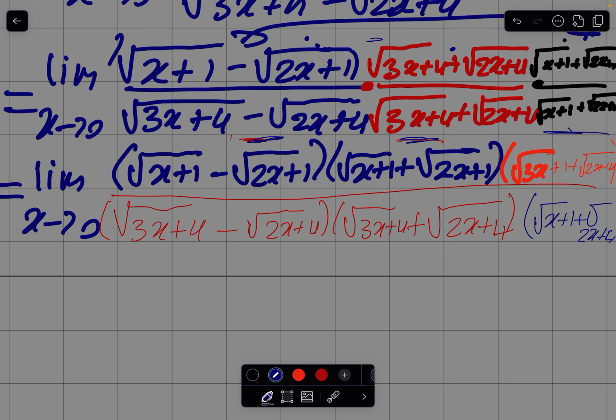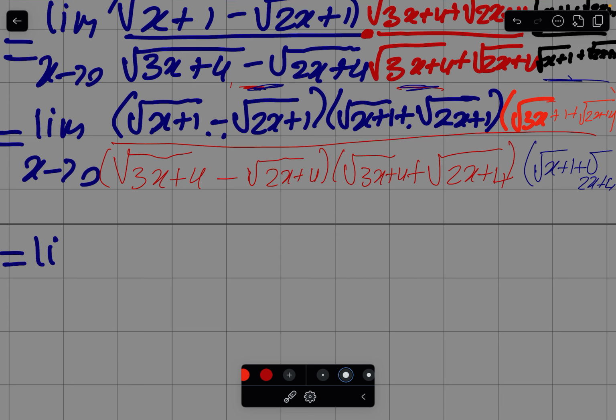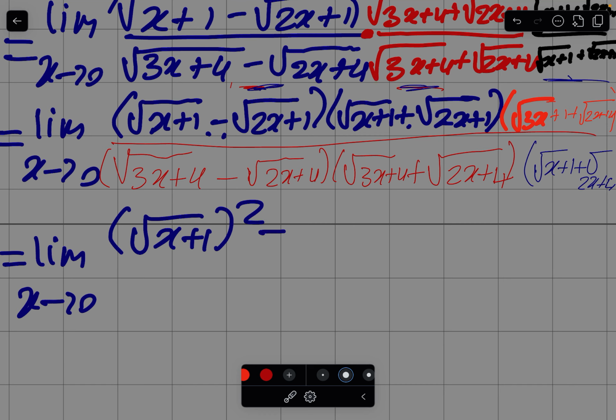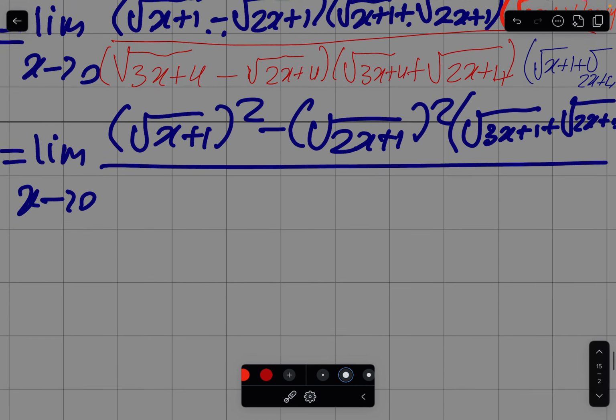Understand? Therefore, here you have a difference between two squares here and here. You take this one and square it minus this one and square it. You're going to have the limit as x approaching 0 of square root of x plus 1 all squared minus square root of 2x plus 1 all squared, multiplied by square root of 3x plus 1 plus square root of 2x plus 4, all divided by what?